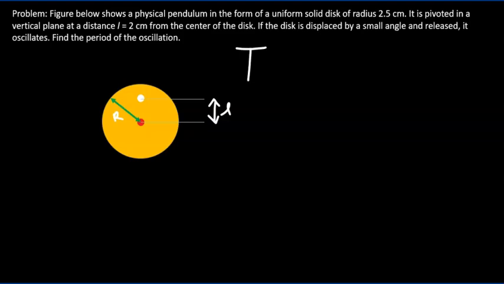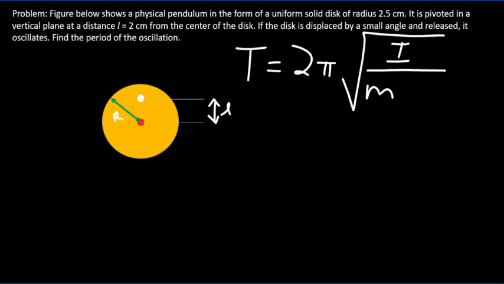Since this is a physical pendulum, the period is given by the following equation: moment of inertia over mgh. So first, let's determine the moment of inertia of this disk about that pivot. It is given by the parallel axis theorem.